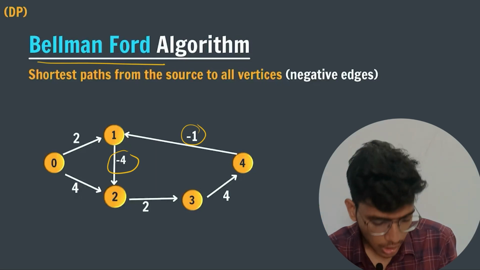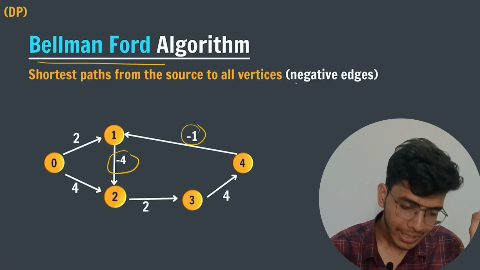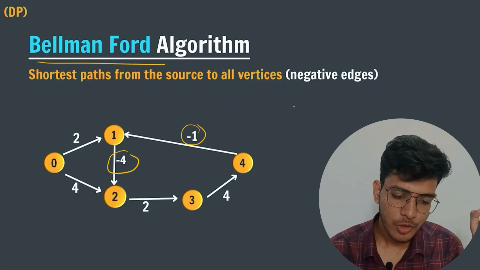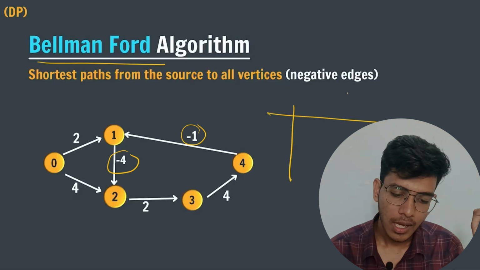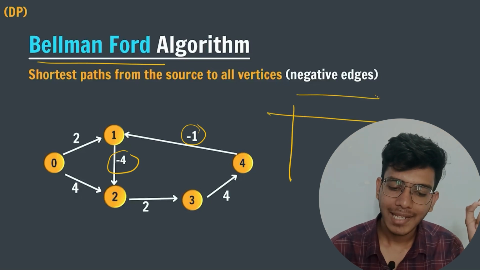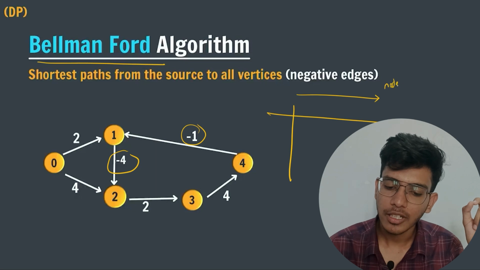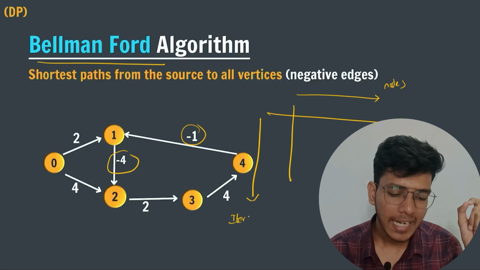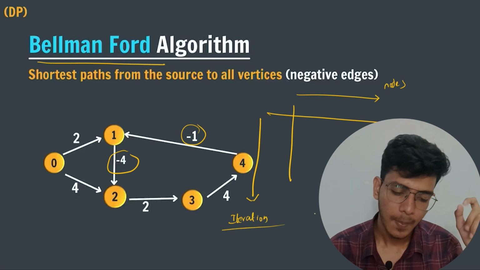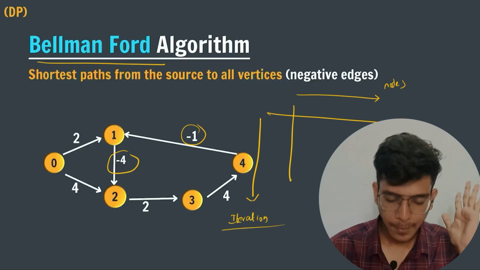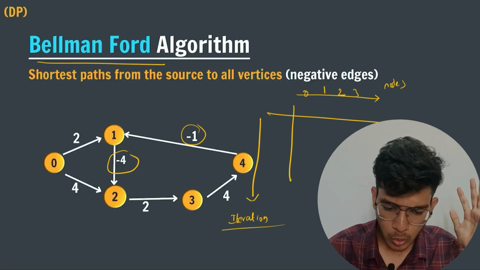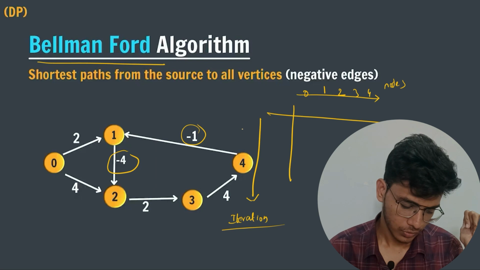Okay, so here what I will do is create a two-dimensional array. Let's say this is the array I am creating, and on the x-axis I represent nodes, on the y-axis I will represent the number of iterations, right? Now let me represent the nodes here. I am having 0, 1, 2, 3, 4, right?